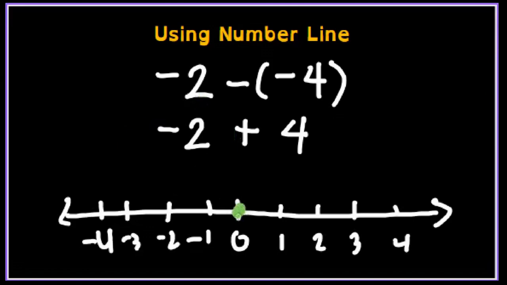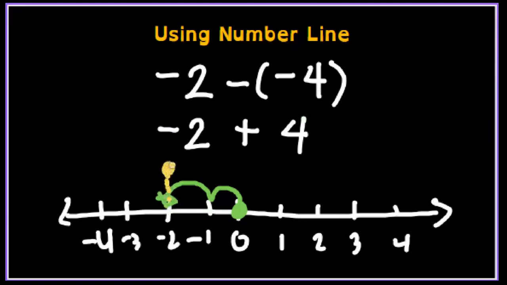Okay, so starting point is 0, 1, and negative 2. Okay, so natapos tayo kay negative 2. Pero may isa pang integer, which is the positive 4. So mag-move naman tayo papunta sa right ng 4 na beses. Ang starting point natin is negative 2.